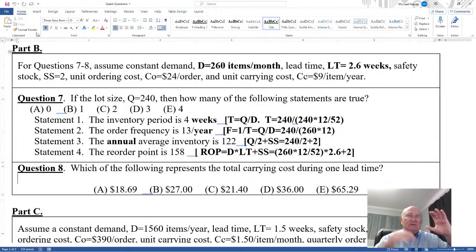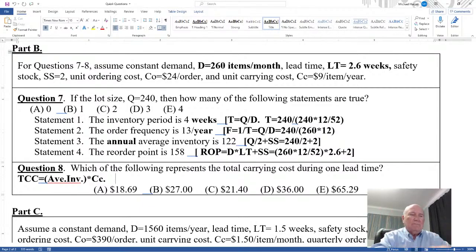The total carrying cost equals the average inventory times the C sub C. First, let's get our average inventory during one lead time.